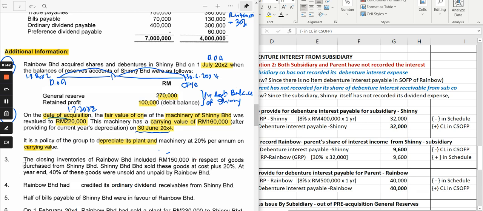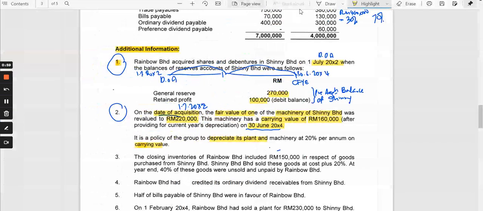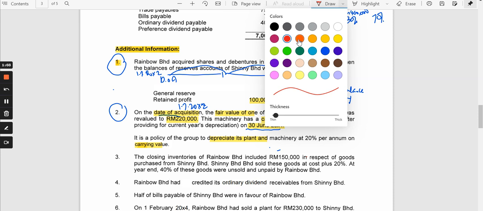So if you look at additional information number 3, you would notice that the closing inventories of Rainbow, earlier we have identified that Rainbow is the parent company. So I just go and get my pen first. So Rainbow is the parent company.